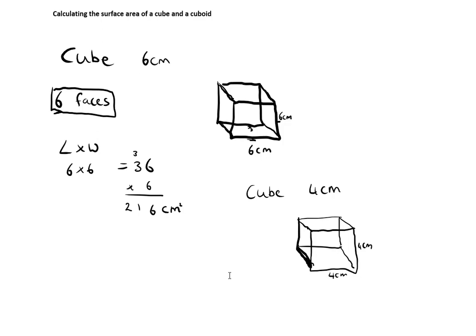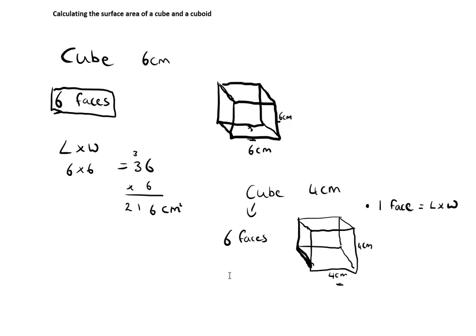And because it's a collection of squares, all of these lines are 4 centimeters in length. So if we can find the area of one face, which we'll find by multiplying length times width, and then because we know that the cube has 6 faces, we can multiply our answer at this step by 6 to get our answer.